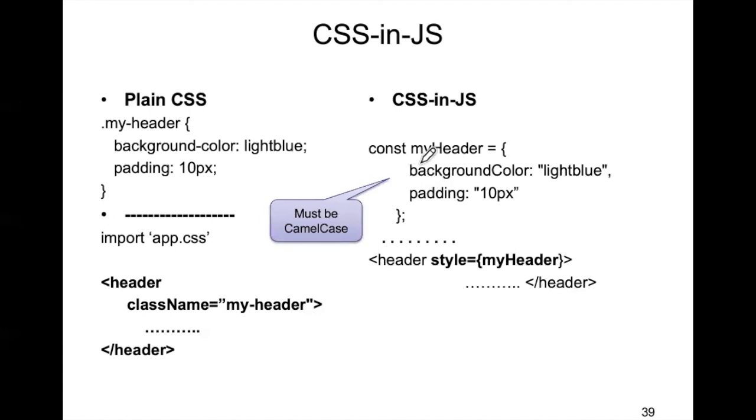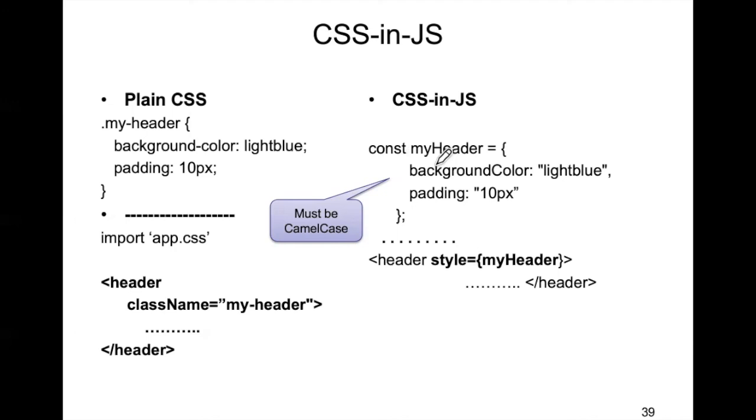So for example, backgroundColor spelled like this is the equivalent in CSS of background-color. You cannot use background-color over here, because the hyphen is going to be interpreted as a minus, and so the JavaScript runtime is confused. It thinks you're trying to carry out some sort of subtraction operation.